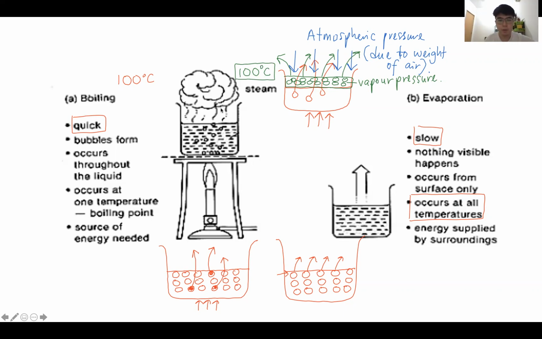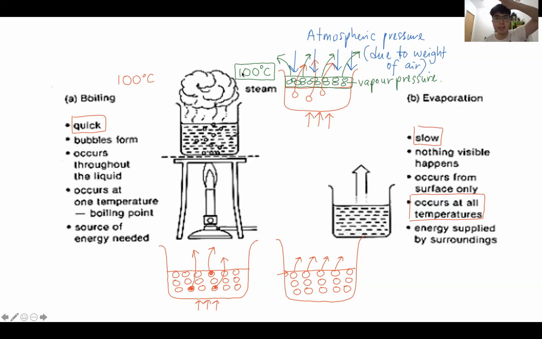So does the atmospheric pressure affect boiling? Yes, it affects boiling. The boiling point of water, 100 degrees, is only at standard atmospheric pressure. If you go to the top of a mountain, at high altitude, there's less air, right?